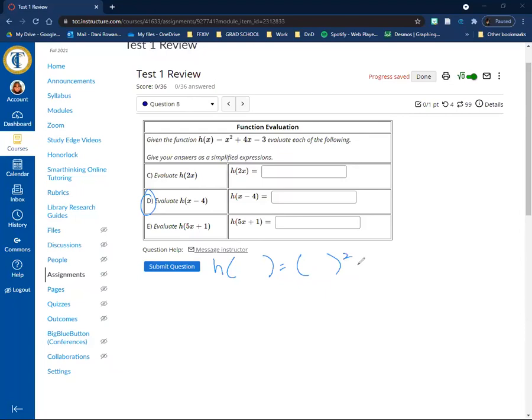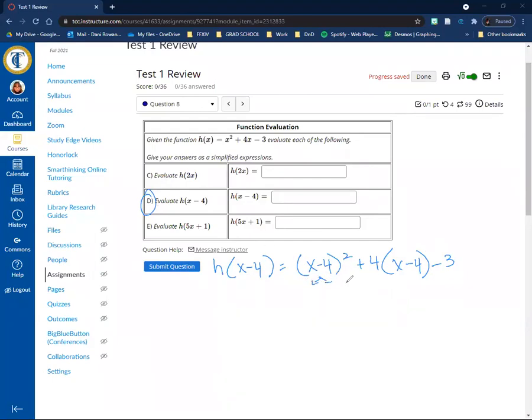So the x squared plus 4x minus 3. What we're plugging in is x minus 4. So everywhere there's a parenthesis, x minus 4. How do we start by simplifying this one? Factor the x minus 4.